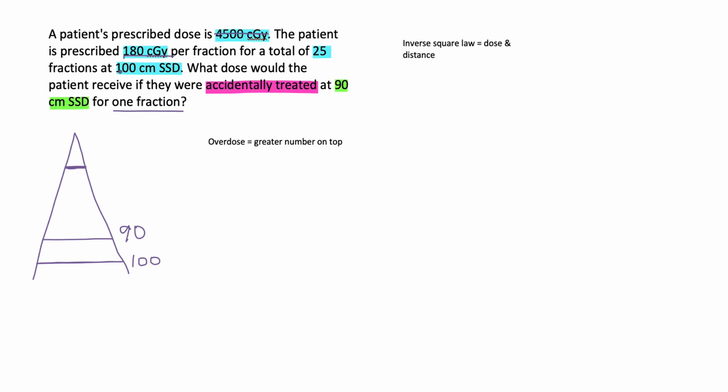First, our distances are 100 and 90. The bigger number is 100, so I'm going to do 100 over 90. And I'm going to square these because this is an inverse square law question. So we always square the distances.